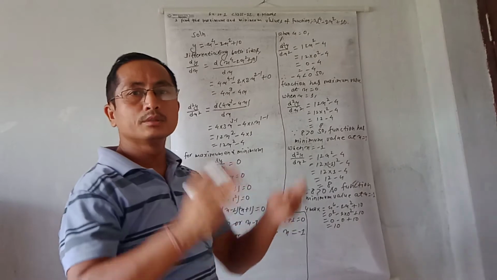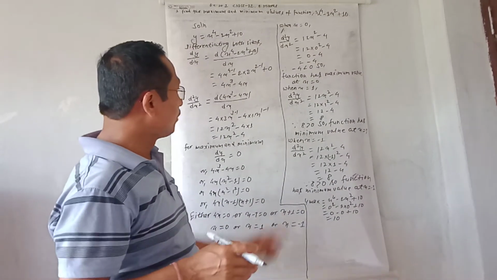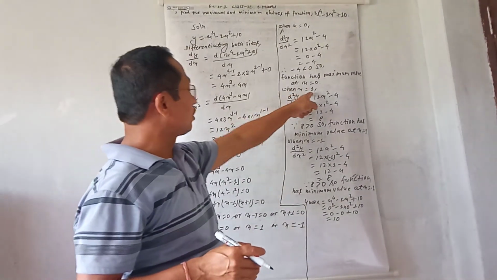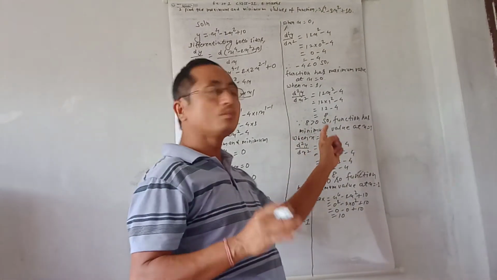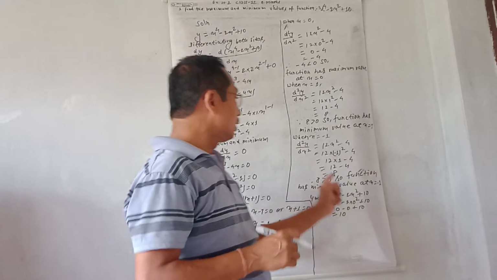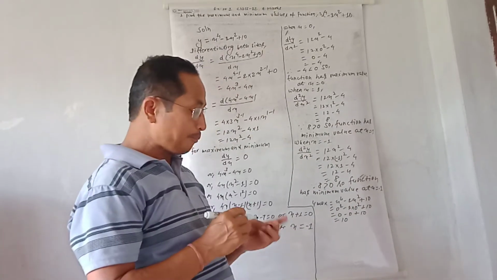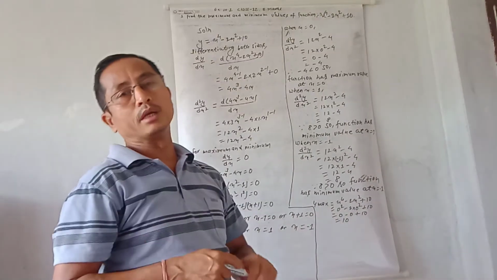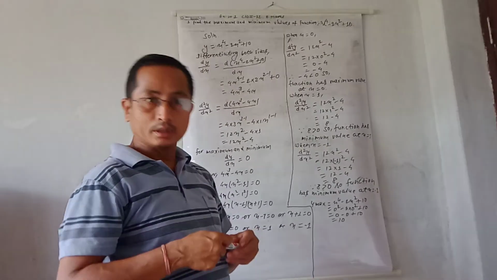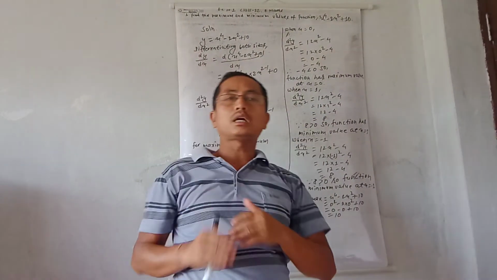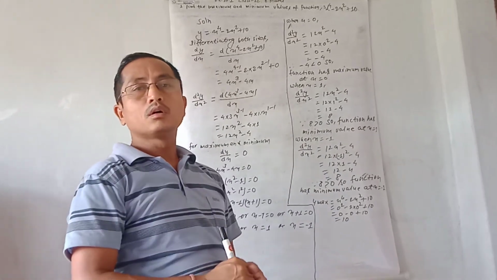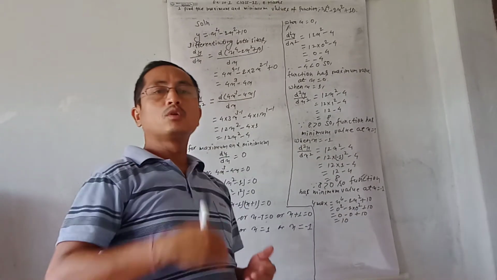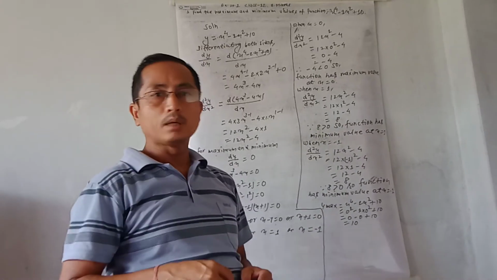Now we have to find the minimum value. When x is equal to 1, the function has a minimum value. When x is equal to -1, the function also has a minimum value. I mean the function has two minimum values.